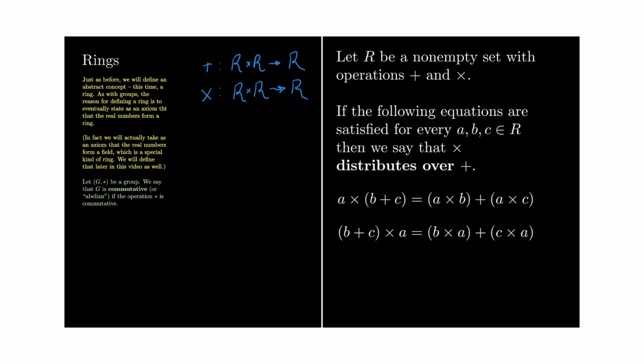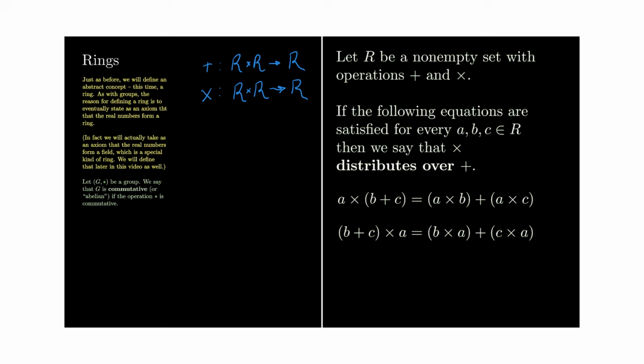Now, we will say that multiplication distributes over addition, right? We'll just talk about the cross symbol being the symbol for multiplication, even though in the abstract setting we don't really know what it is, but we're going to write these evocatively as if they were plus and times, even though this is currently abstract.